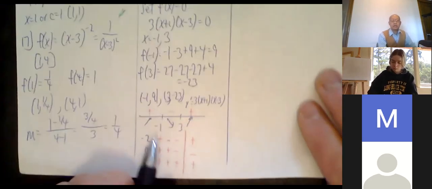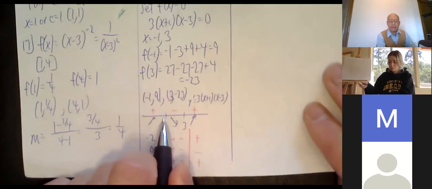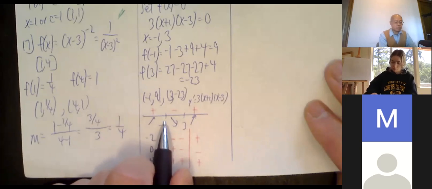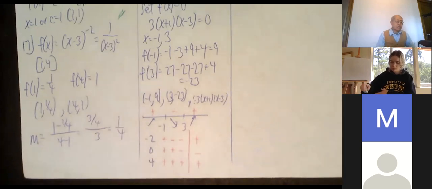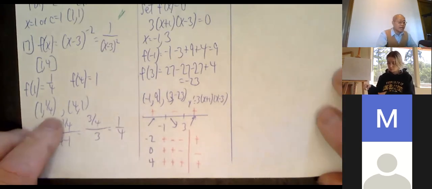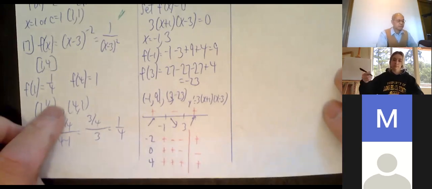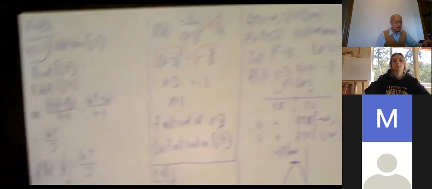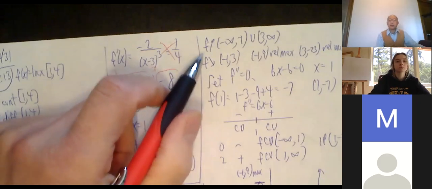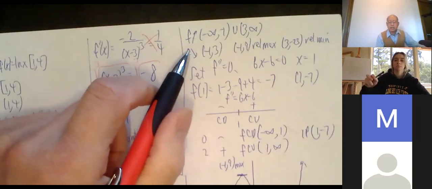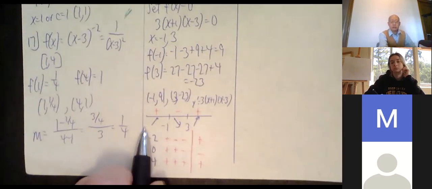So I'm done with the first derivative analysis. I've got maximum and minimum values, but I want to get concavity now. That's where the second derivative comes in. This is called intervals of increase and decrease. Where is the function increasing?